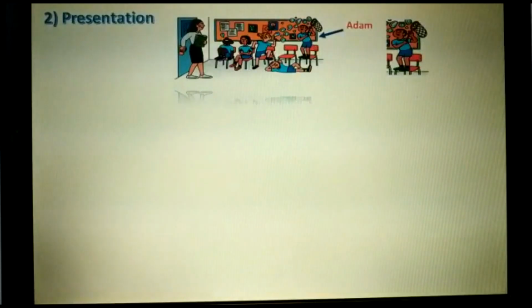So what do you see in this picture? Of course, here is a teacher and her student in a classroom. The teacher, of course, is not happy. She is angry at one of her students. This student's name is Adam.